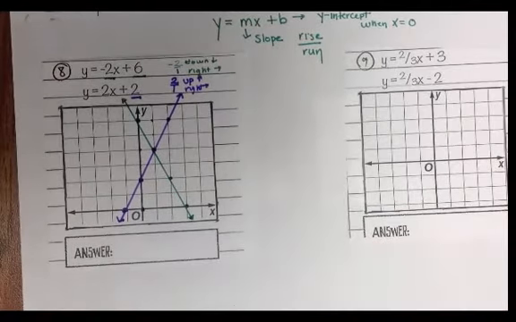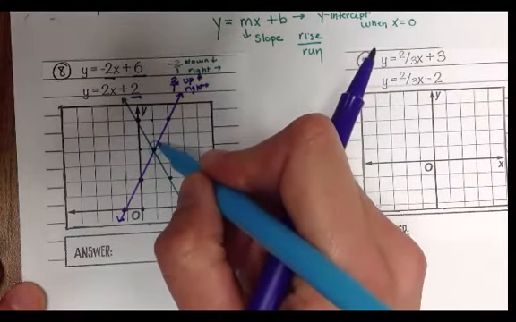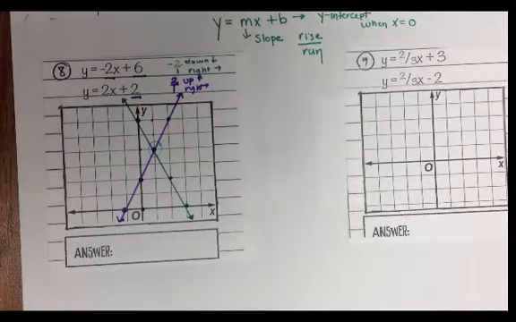So my 2 linear equations intersect at this point. How many times they intersect tells us how many solutions there will be. These 2 lines intersect once, so there would be 1 solution to this system.